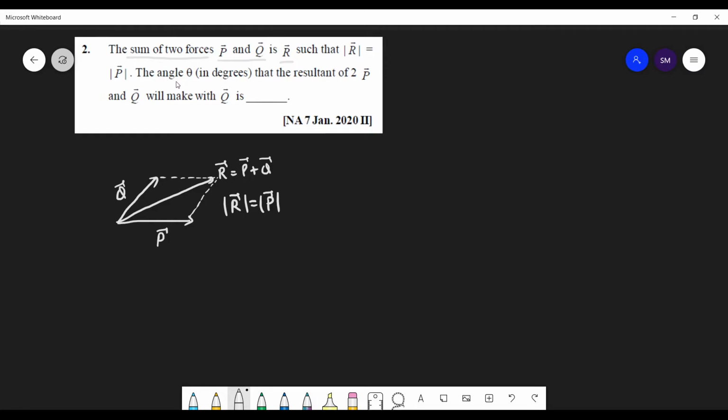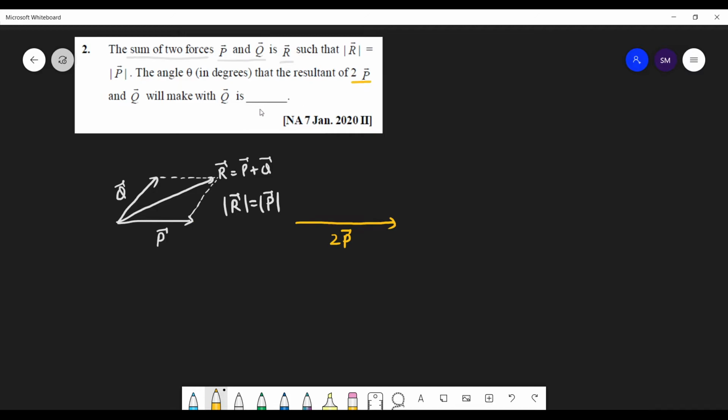The angle theta that the resultant of 2P and Q makes. Okay. So 2P, you are adding in the same direction. This is P and this is your P and then P again. So that's your 2P, right? So P and 2P are in the same direction.